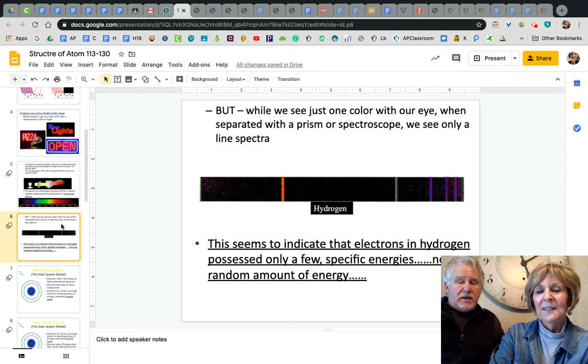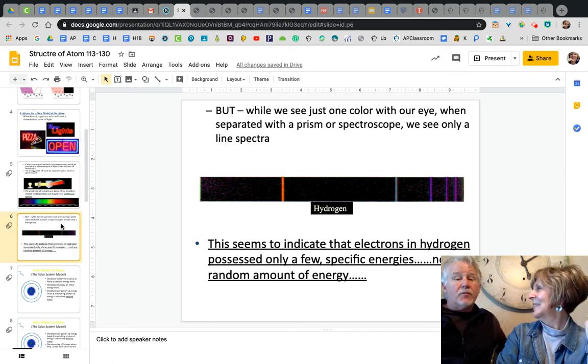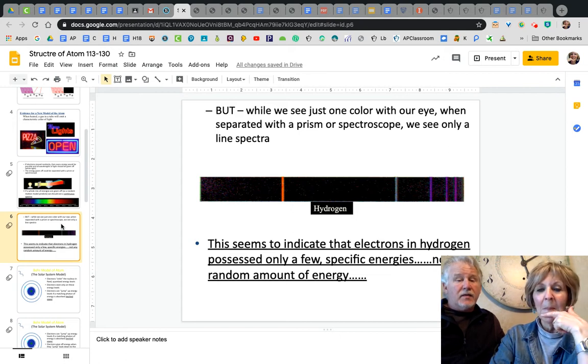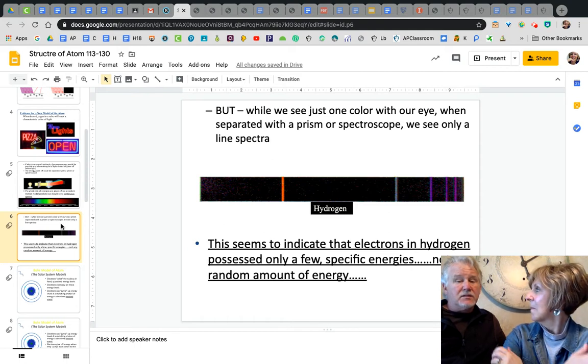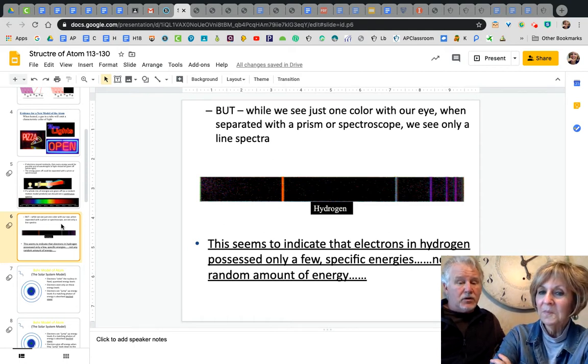But this is really cool, because this is not a continuous spectrum. This is where it gets much more complicated, because now we're looking at the spectrum for hydrogen.